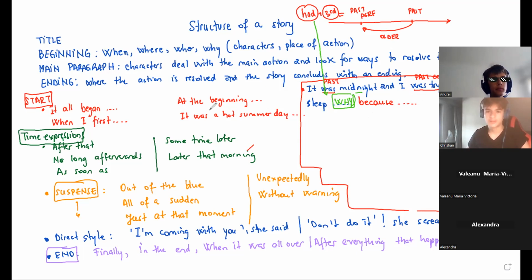Era miezul nopții, încercam să dorm. Because I had. Formula română este cu mai mult ca perfectul. Avusesem, făcusem, îmi pierdusem.